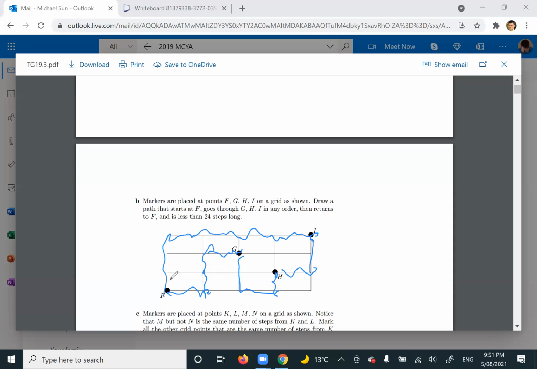That is 2, 4, 6, 8, 10, 11, 13, 15, 17, 19, 21, and 23, and 25. That's past 24.